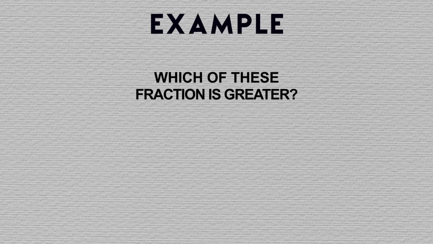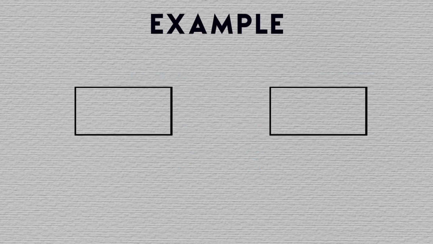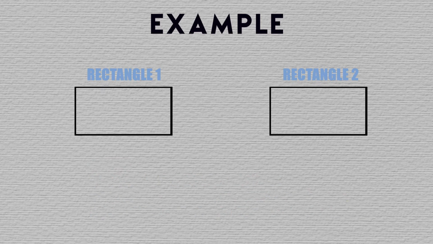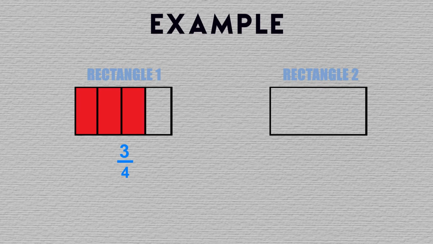Which of these fractions is greater, 3/4 or 4/5? Well, let's start by drawing rectangles. This time we need to divide them up differently because the fractions we are comparing have different bottom numbers. The first rectangle will be divided into 4 equal parts and we will shade 3 of them to show 3/4.